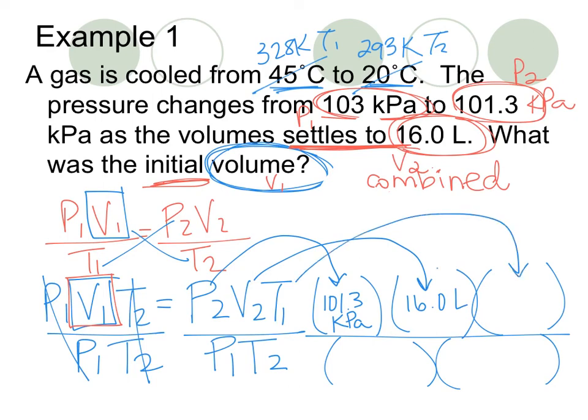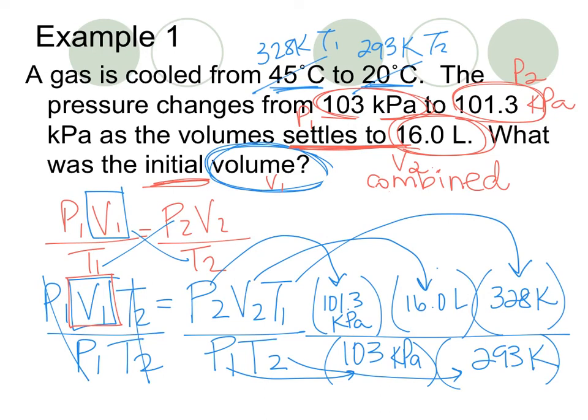My T1 is 328 Kelvin. My P1, my original pressure was 101.3, and my T2 is 293 Kelvin. Now we're ready to calculate.